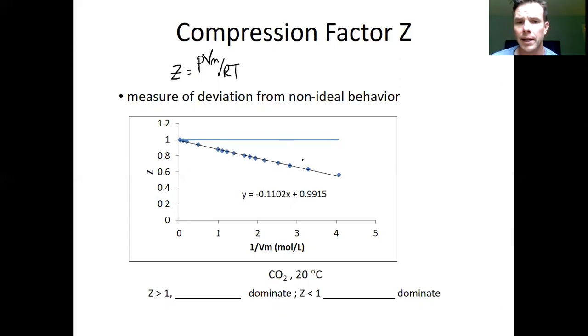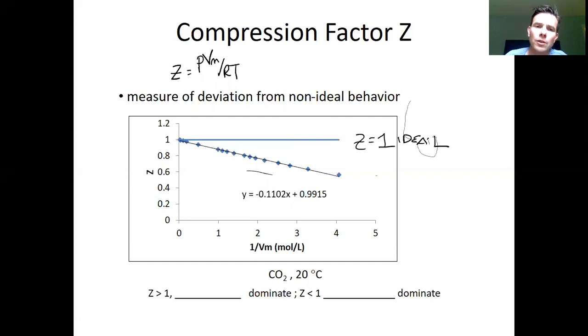So here's what that same data looks like. Again, this is that CO2 data. I'm now plotting Z versus 1 over volume. If this were an ideal gas, you would expect Z equal to 1. In fact, we can see that Z is less than 1, right?